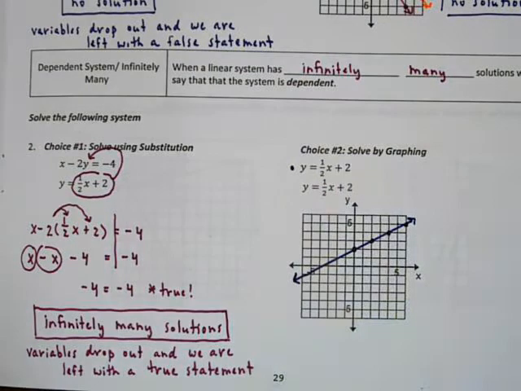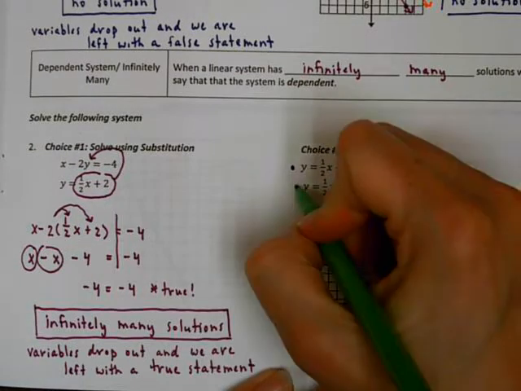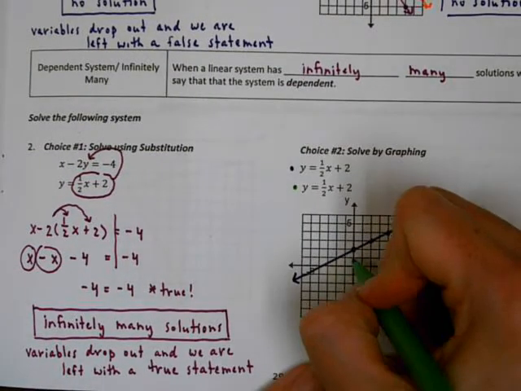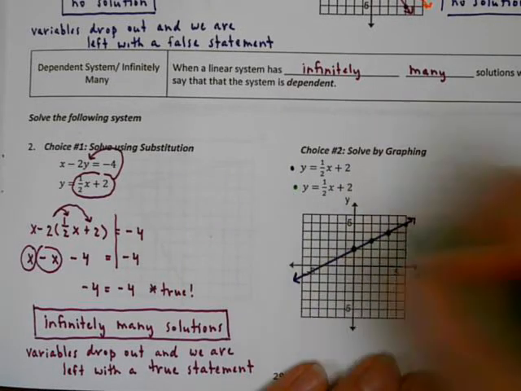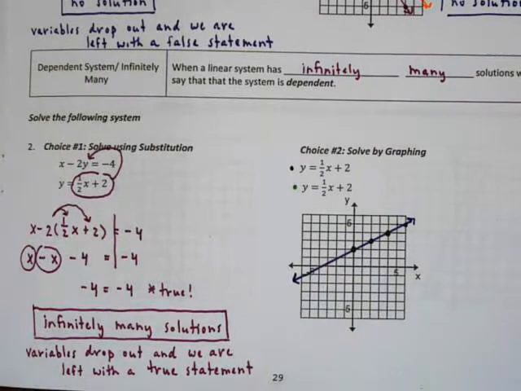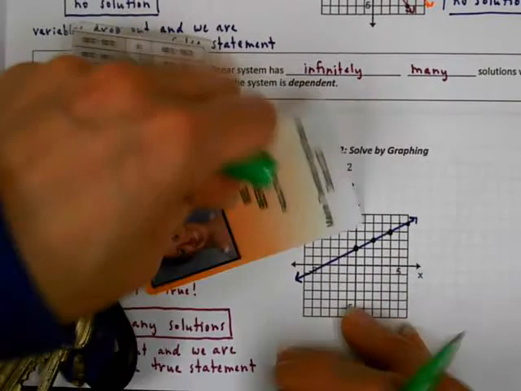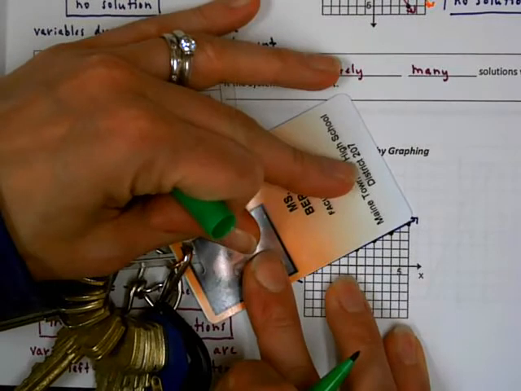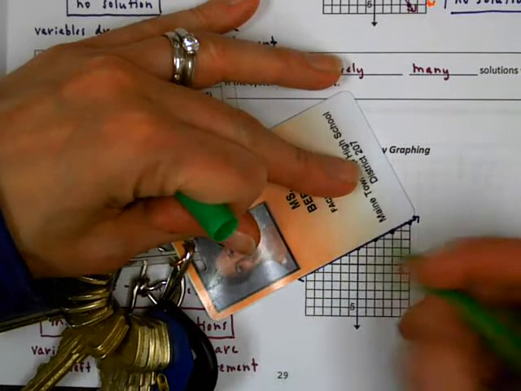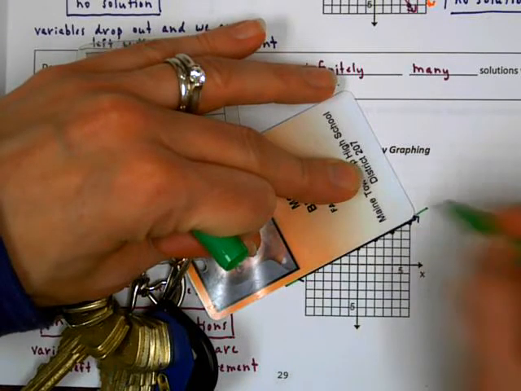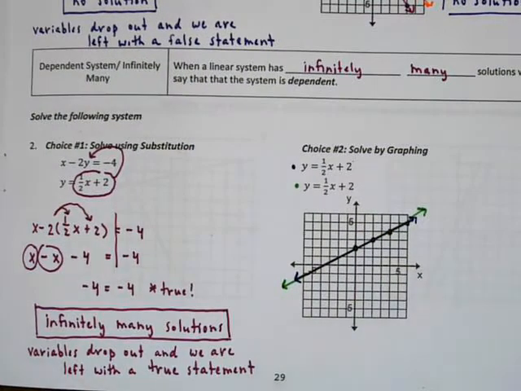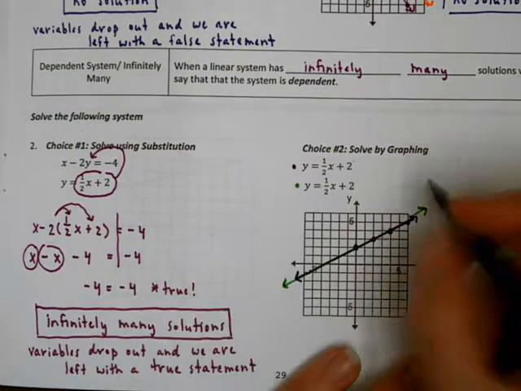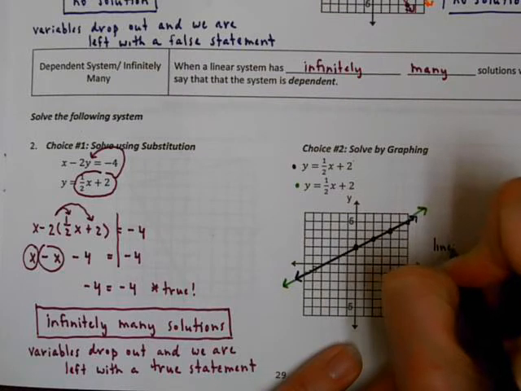When I go to graph my second line, though, I notice that it's the same line. My y-intercept is the same and my slope is the same, so I end up graphing that same line. So really, those lines are on top of each other. They're the same line.